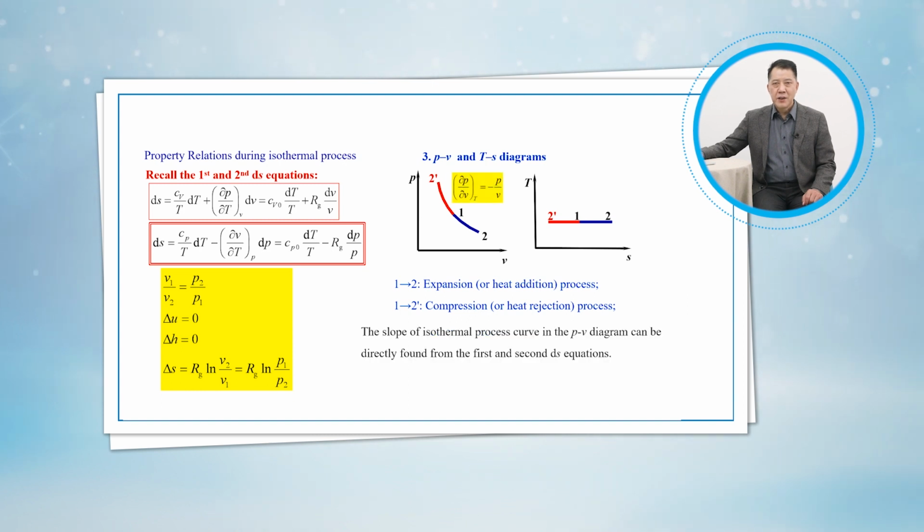Pay attention to the slope of the isothermal path line in the PV diagram and try to derive it. Actually, it can be found directly from the first and second DS equations.